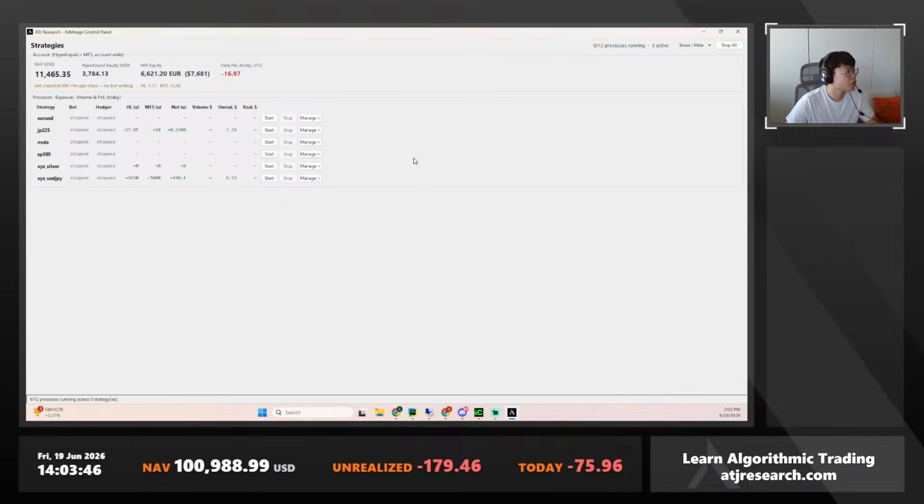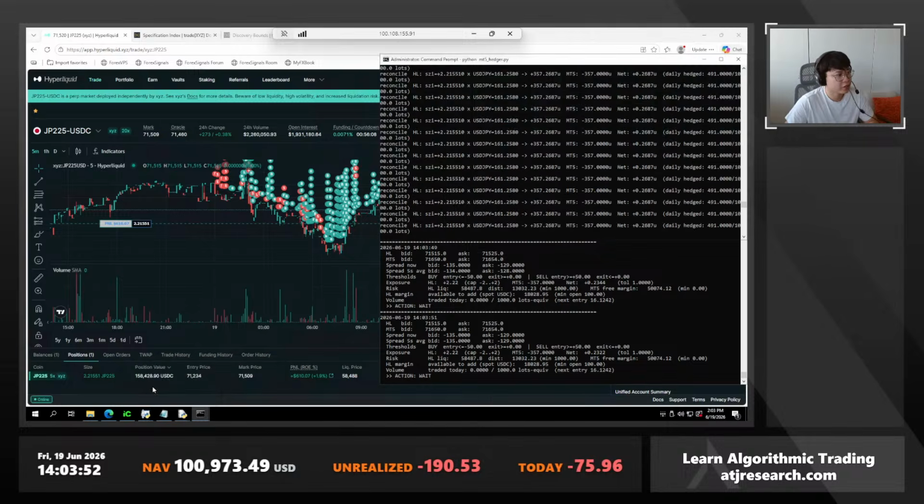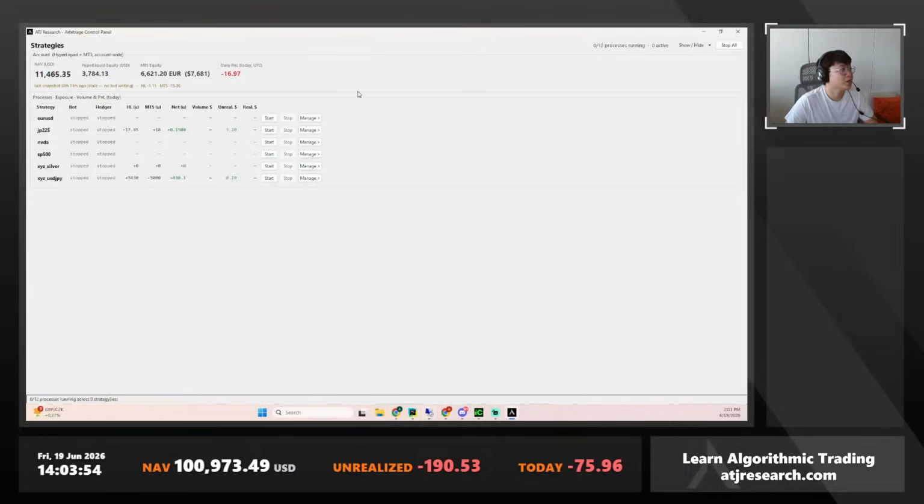So instead of going to a server and having to turn on your hedge bot and your trading bot separately, I'm able to list all the strategies that I have in my strategy folder. In theory, if I want to turn on my EURUSD trading strategy, I can click start.